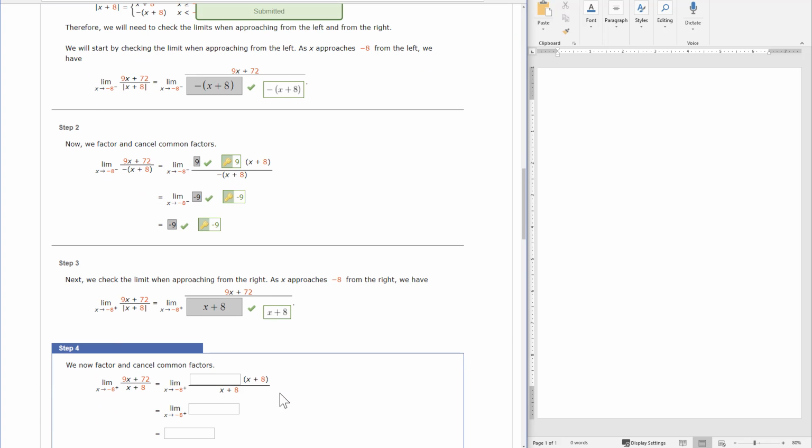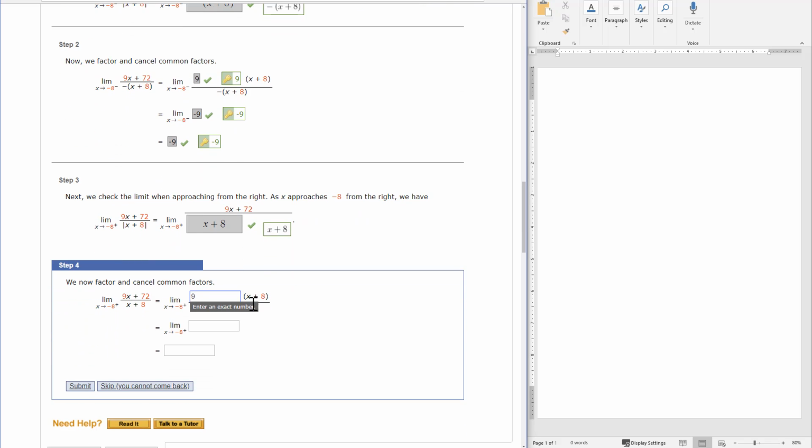Now we're going to do the same thing. We're going to factor the numerator. There's a factor of 9, and then we have x plus 8 here and x plus 8 in the denominator. We can cancel that out and get 9, and this time it's a positive 9, which is different from the negative 9 that we found.